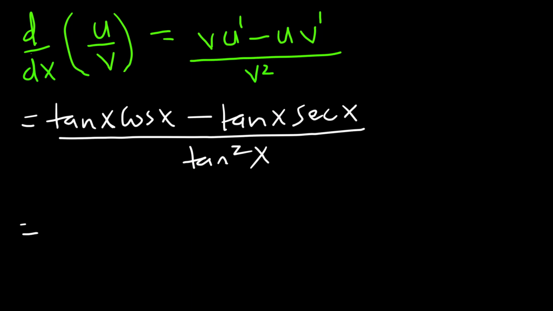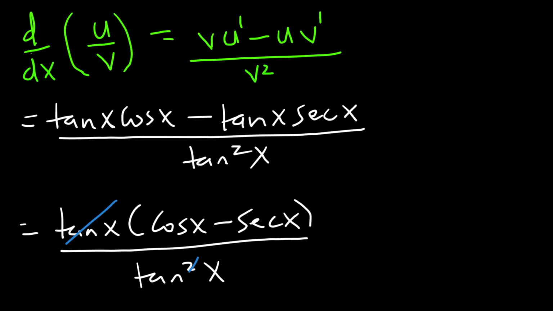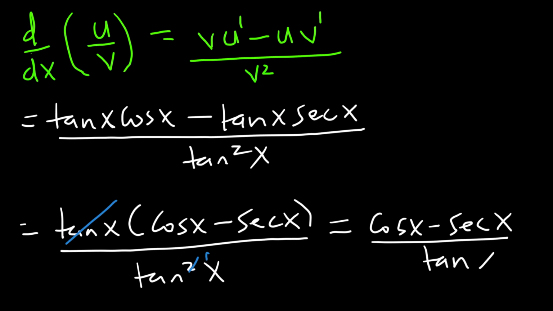And now if we pull out tangent x, we shall remain with cosine x minus secant x, and this will be divided by tangent squared x. Now this will cancel with that and we shall remain with 1, and therefore our final answer will be equal to cosine x minus secant x divided by tangent x.